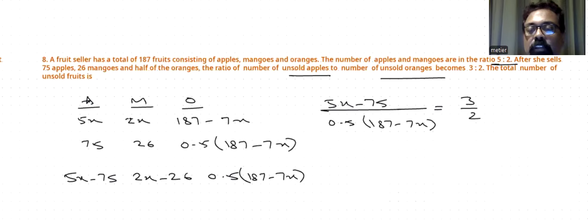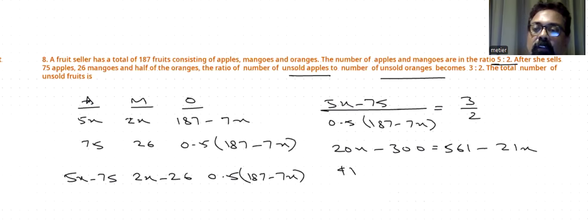So after simplification, after cross multiplication also, we are getting 420x minus 300 equals 3 into 7, 21, 561 minus 21x. So it is coming as 41x equal to 861. After simplification, x is coming as 21.